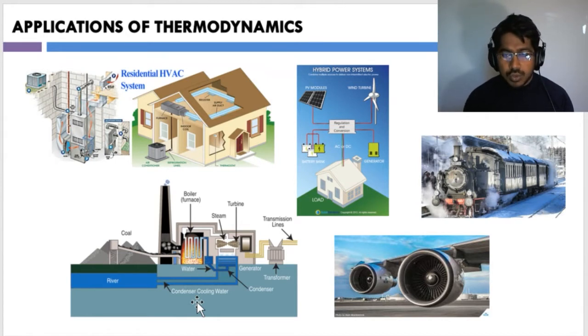Coal power plants use Rankine cycles to get the steam energy and convert it to power. So you can use the basic thermodynamics that you learn here to evaluate the efficiencies, and depending on that, you can use that knowledge to design and evaluate the performance of these kinds of devices.